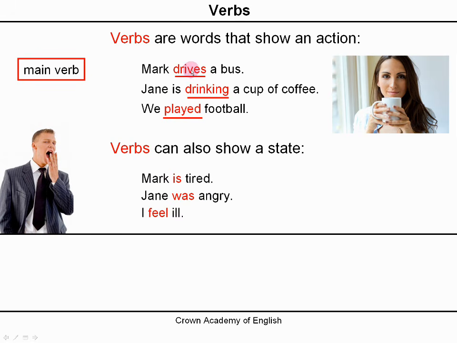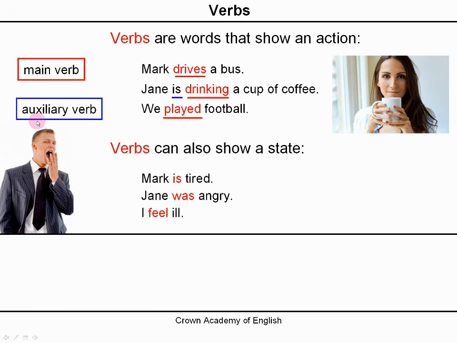Now, you can see that all of these three verbs that I have underlined, we consider them to be the main verbs, because they are the verbs that are describing the main action. Okay? So main verbs. But there is also another verb here, is. This is, in fact, the verb to be. It is the third person singular of the verb to be, is. But this is not a main verb. This is an auxiliary verb.